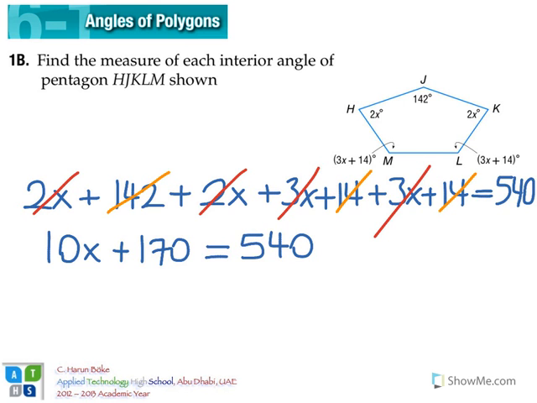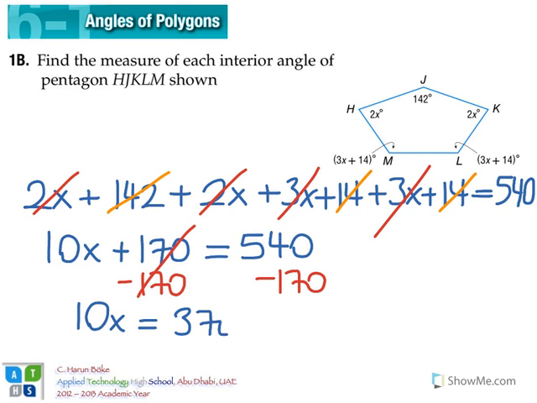Now after this, it is solving equations, pure algebra. So what we are going to do is minus 170 from both sides. So we cancel these, and we have 10 times x here on the left hand side and 370 degrees.